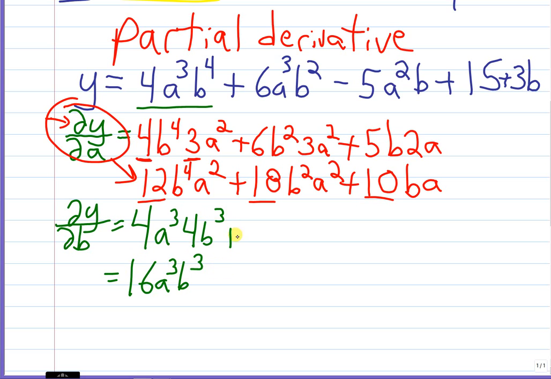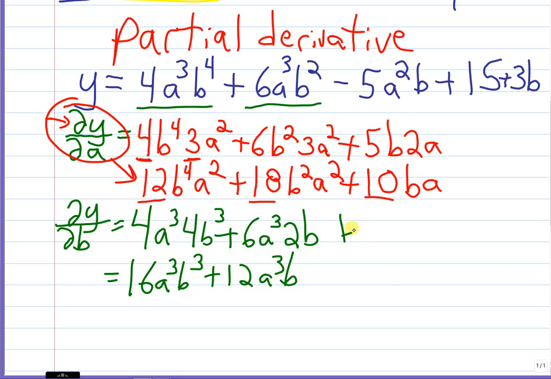Plus the next term here, 6a cubed b squared. The 6a cubed, we just write it down because that's a constant when we are taking a derivative with b. So take the derivative of b squared, 2b. Now we can collect the 2 times the 6, 12. A cubed b.